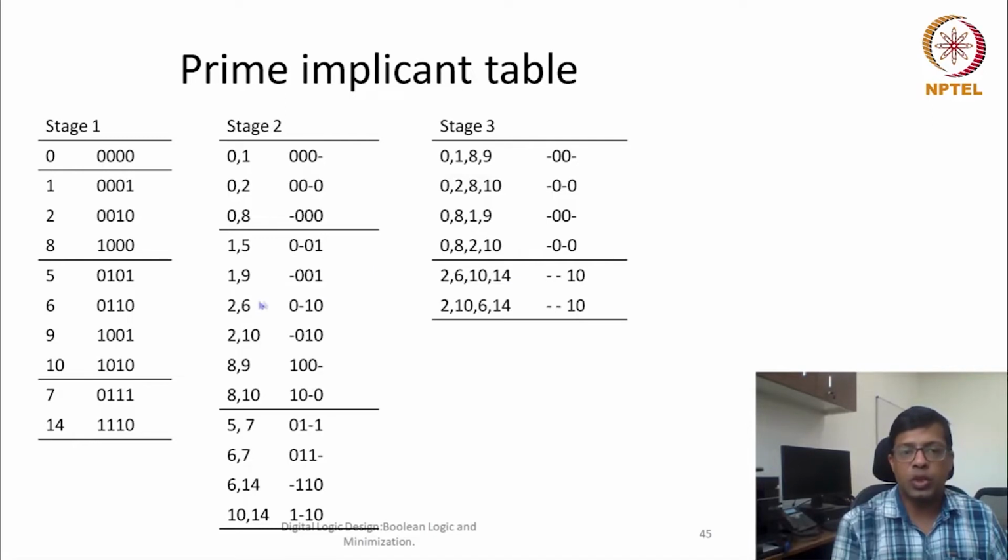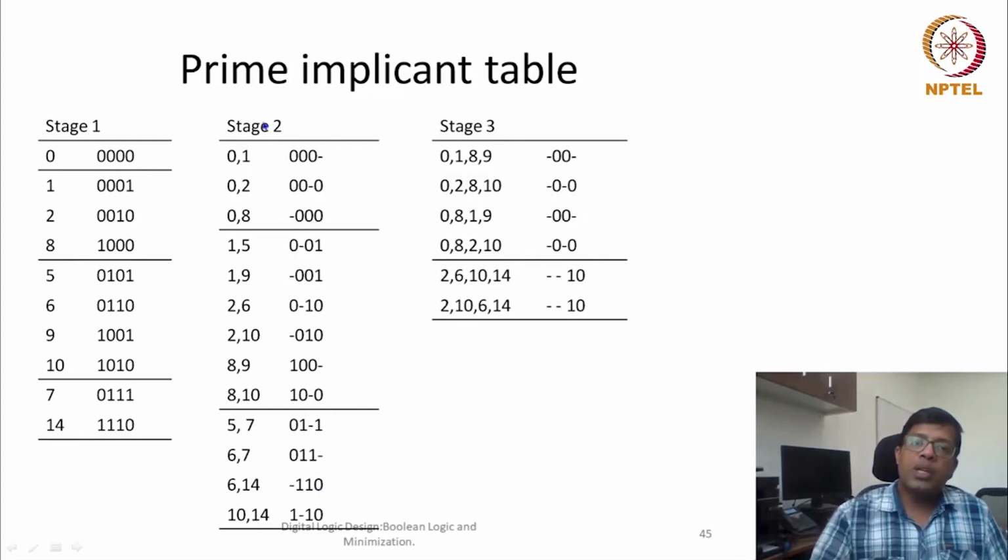Basically 2 6 could be combined with 10 and 12, because dash is appearing at the same place and there is a difference of the most significant variable, so it becomes dash dash 1 0. Similarly 2 10 and 6 12, 6 14 can also be combined.